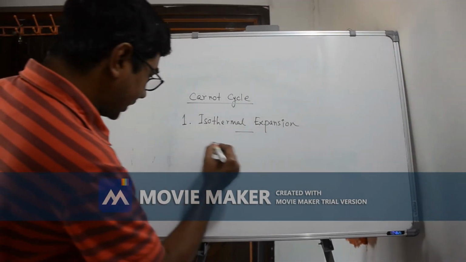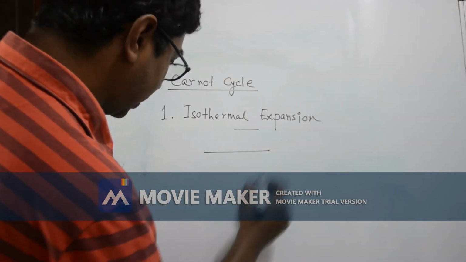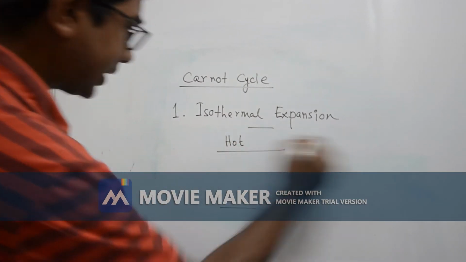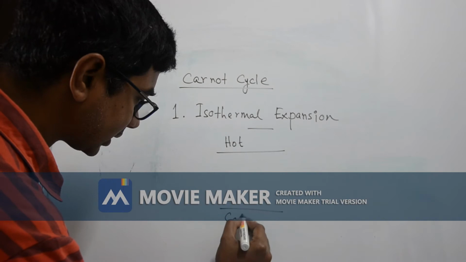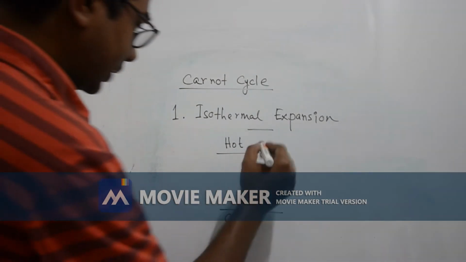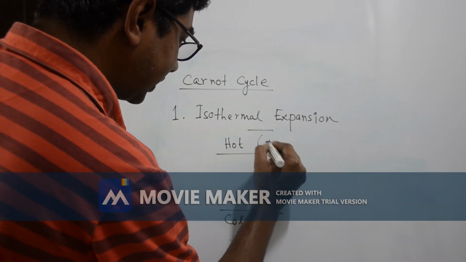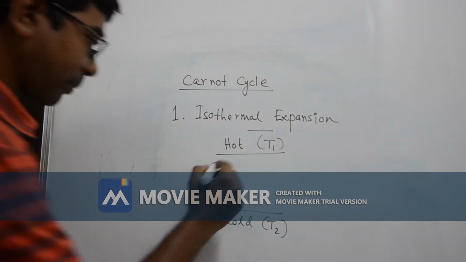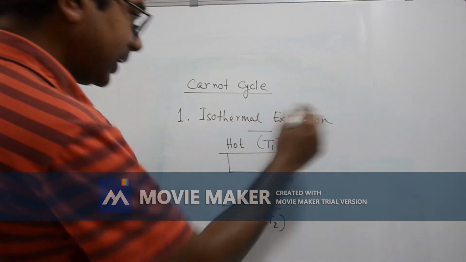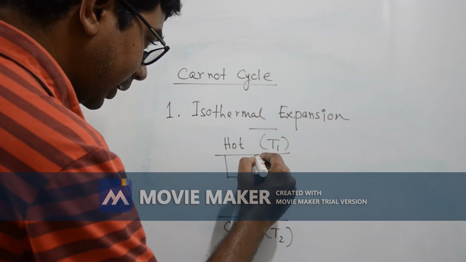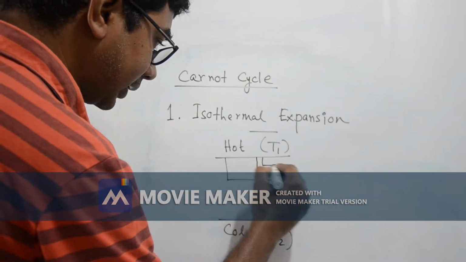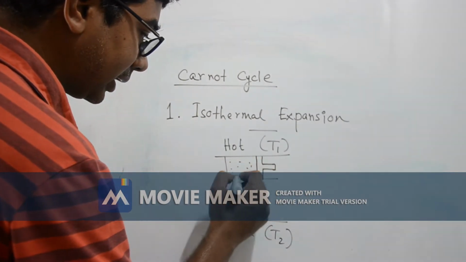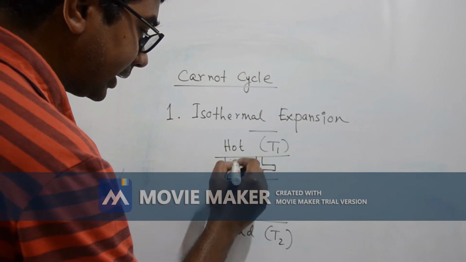Now for the isothermal expansion, first of all we have the hot and cold reservoirs. I'm just writing hot and cold. The hot reservoir has the temperature T1, and the cold reservoir has the temperature T2. In the first step, this system is being expanded like this. This is the piston, and the gas is inside the cylinder.